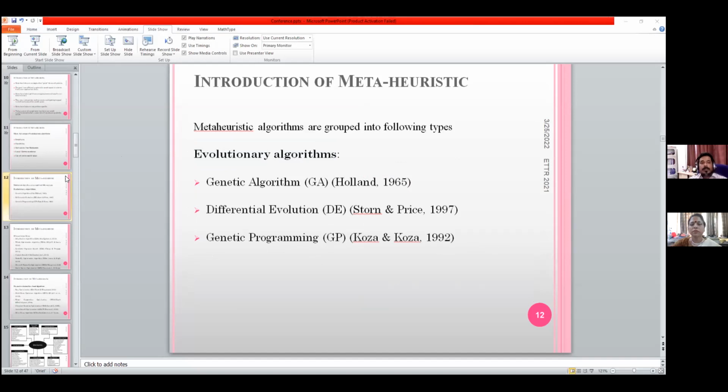Okay. So we divide them into four categories. One is called evolutionary algorithms, the first part. The second part is called swarm based algorithms.